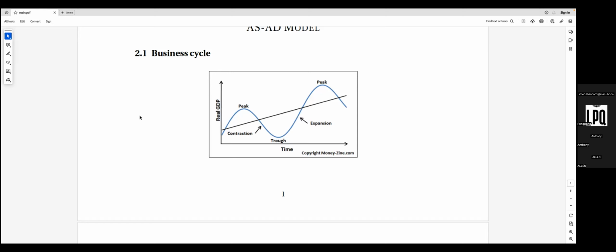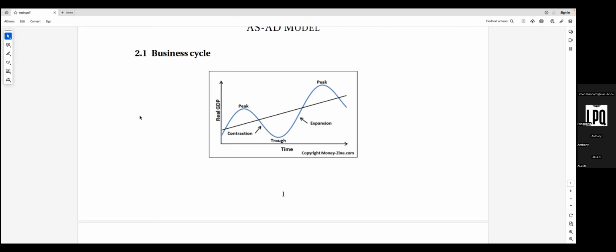Once we can understand the reason that leads to these business cycles, the next step in the chapter is that we want to smooth out these business cycles. Because with business cycles, these fluctuations, you need to understand they are actually bad things.